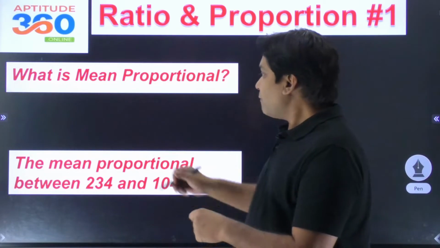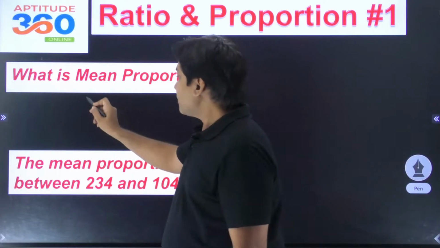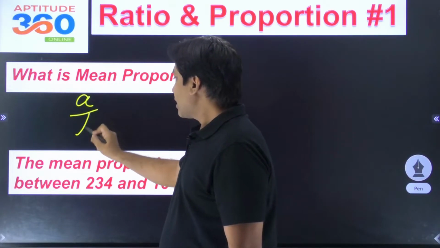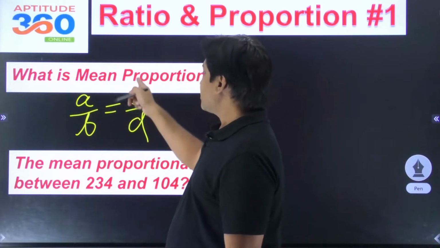So if you have been given four different values like this, then you say that the first and the second and the third and the fourth.